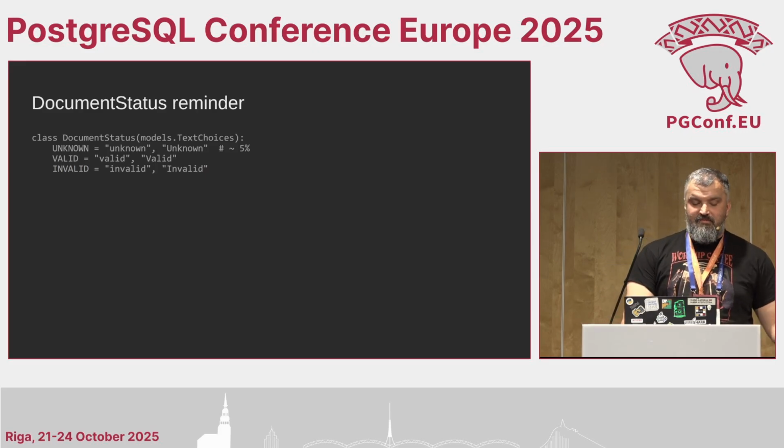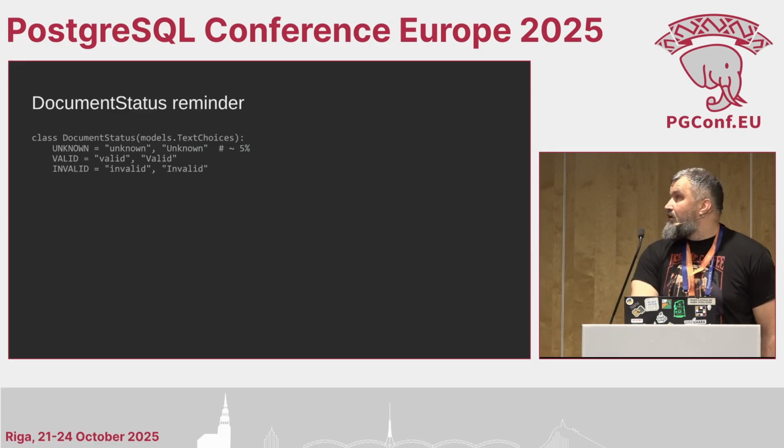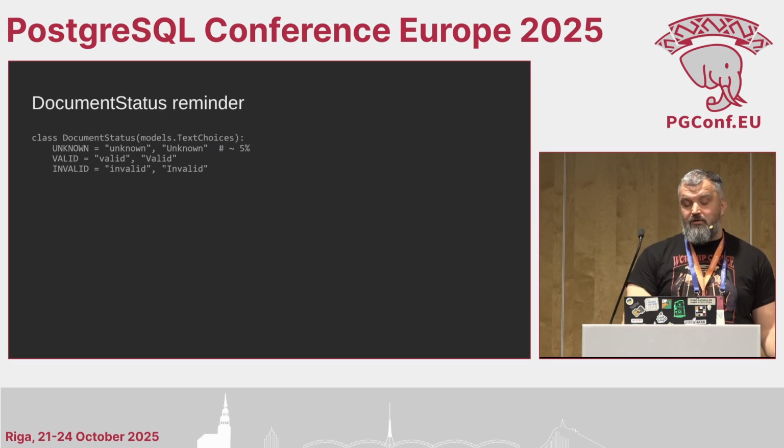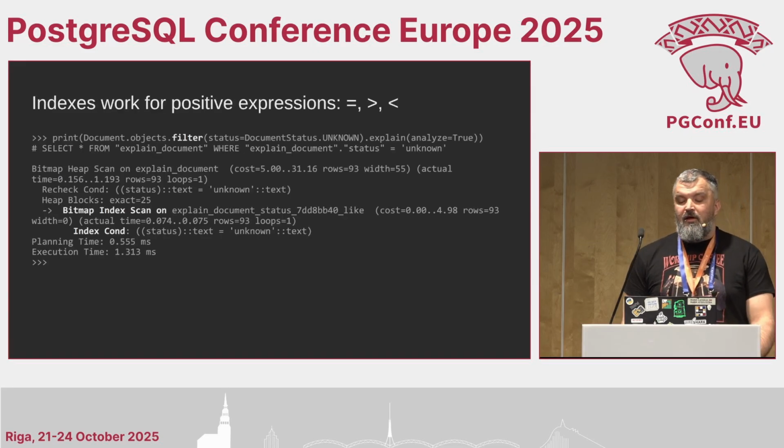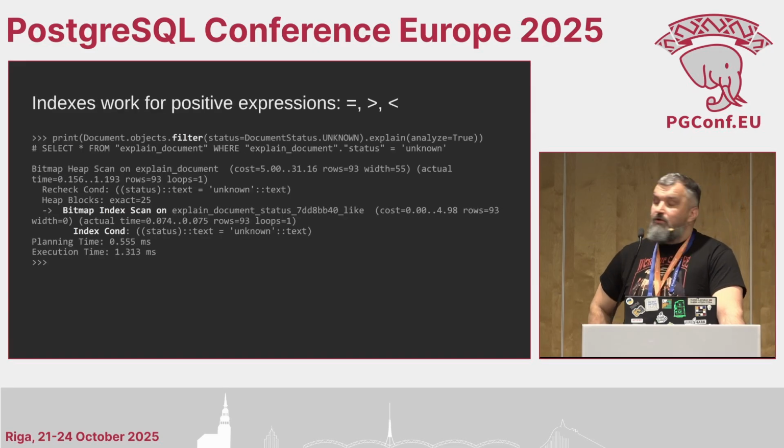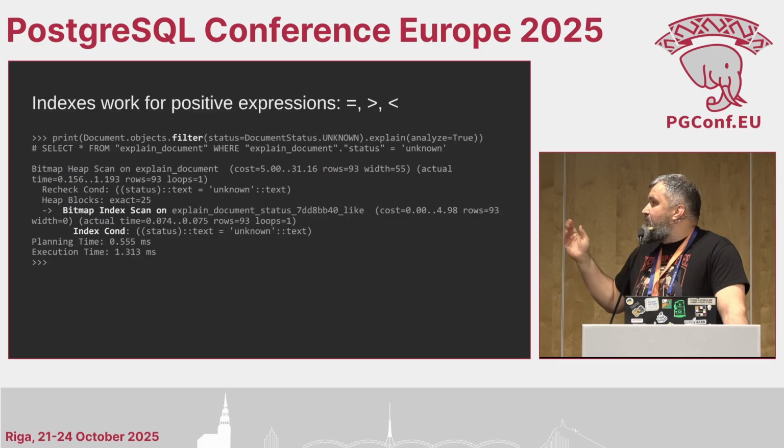Now, just to expand a bit more on these indexes, we had this document status with 3 possible values. On purpose, I created the documents with status unknown, and it is around 5% of the data. Now when I do a query, if I'm looking up the exact value, so where status equals unknown, I get a very good index scan, and it matches on the index condition, everything is fine.